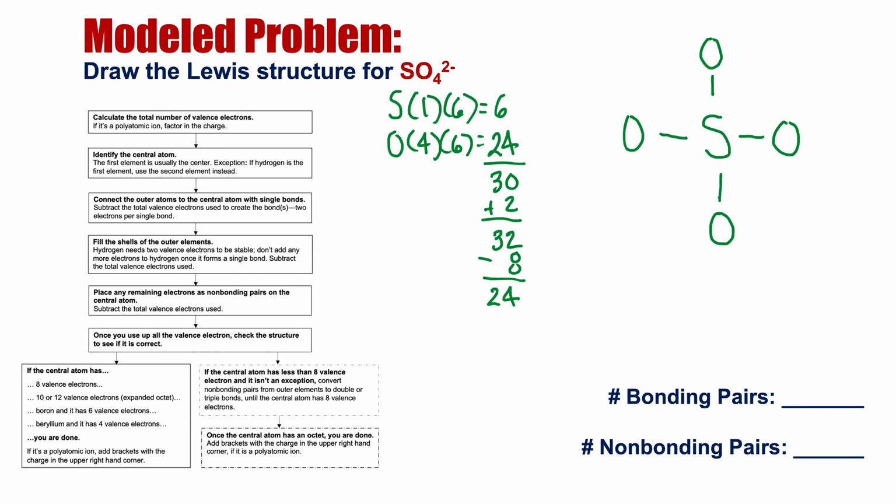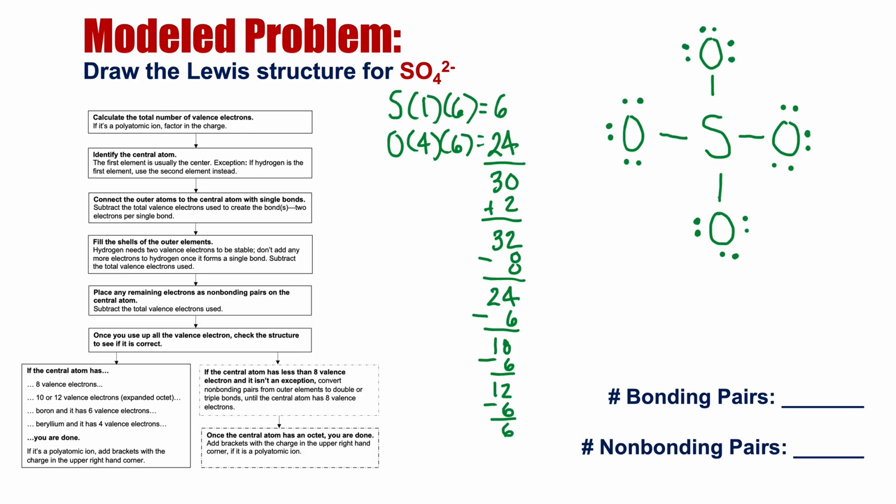I'm going to start to fill the shells of the outer elements. I pick an oxygen, it doesn't matter which one, and for each oxygen I'm adding 3 non-bonding pairs, 1, 2, 3. As I'm adding, I'm subtracting from my inventory. That's, like I said, a key thing. Either actually write it down on your sheet of paper or do it in the calculator, because you have to know when you reach 0.